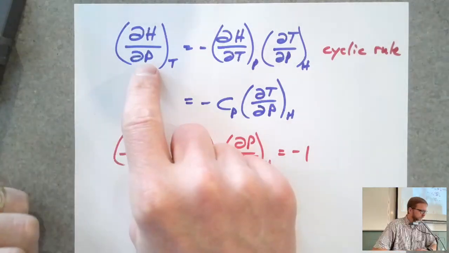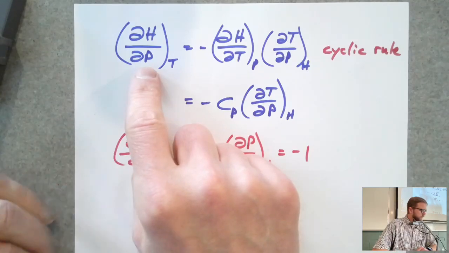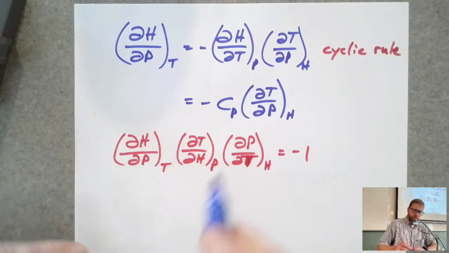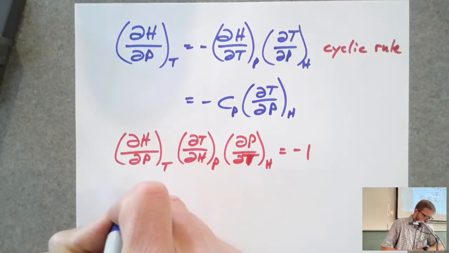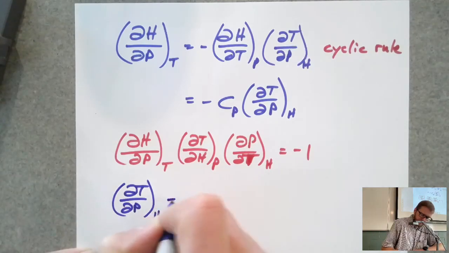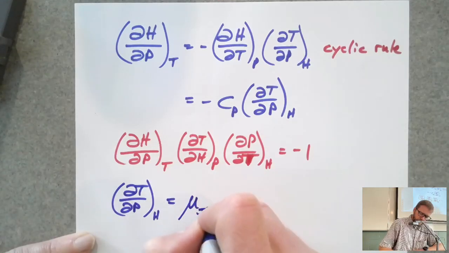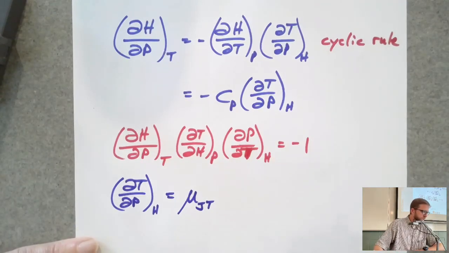But what we were after is this: how enthalpy changes with pressure. And of these terms, this one here, partial of T with respect to P at constant H, is sometimes abbreviated as mu subscript JT.